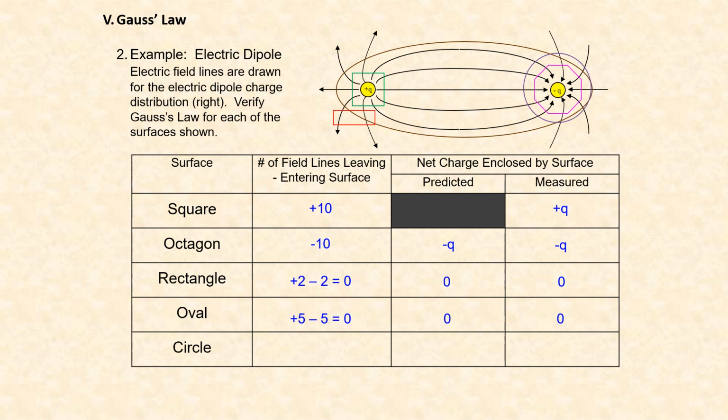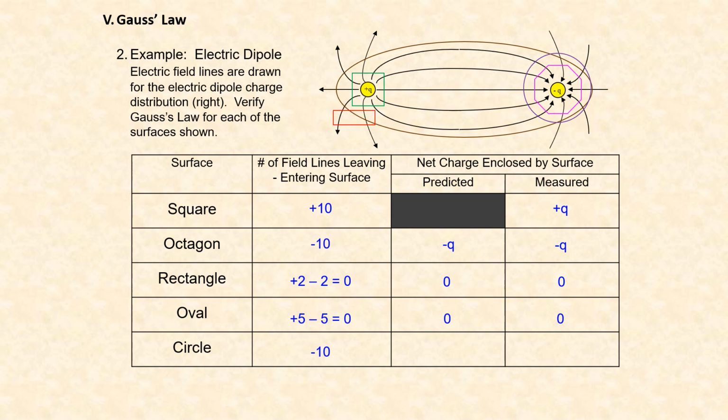And finally, if we look at this purple circle here, we see that this is really no different than the case of the pink octagon, that in that case 10 field lines enter the surface, no field lines leave it, giving us a net flux of negative 10.